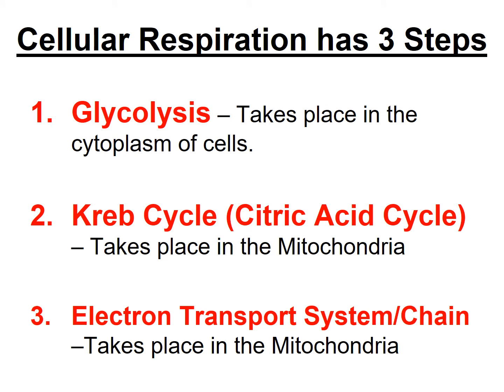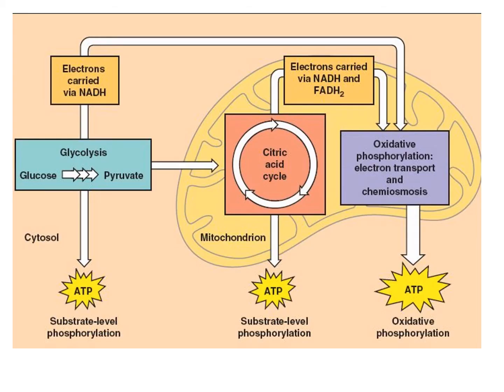The steps of cell respiration include number 1, glycolysis, 2, Krebs cycle, 3, electron transport system. Don't worry, we're not going to get really in depth into these at all, but I just wanted to let you know that, hey, these are pretty intense biochemical pathways in which to produce ATP.